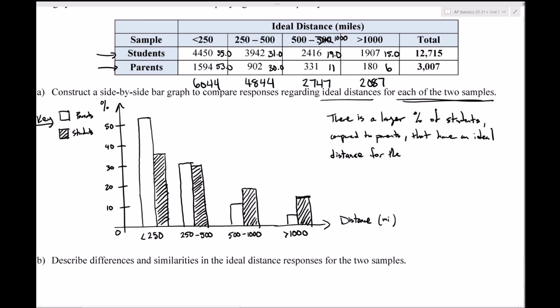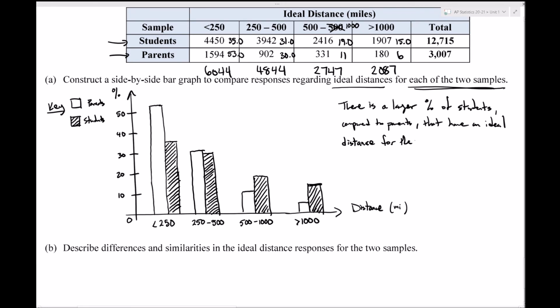So here I'm butchering the context. I'm just making sure that I write everything I need to. It doesn't necessarily have to flow beautifully English-wise. So have an ideal distance for their campus of choice, or we could just say their campus. So their ideal campus distance away from home, that would probably be a better wording for that. In the larger distance categories.